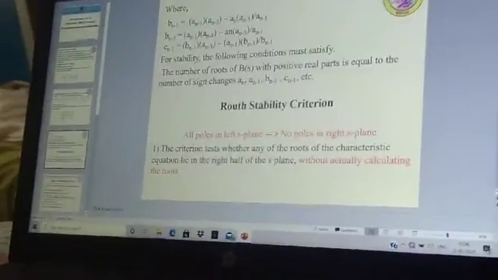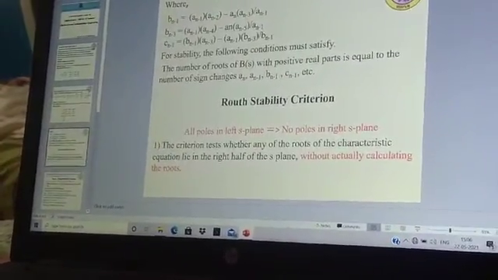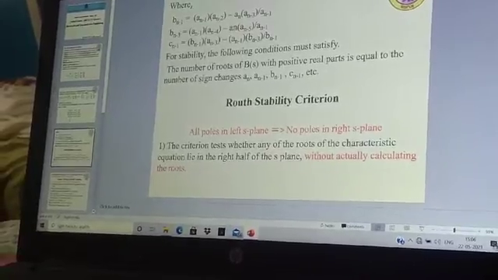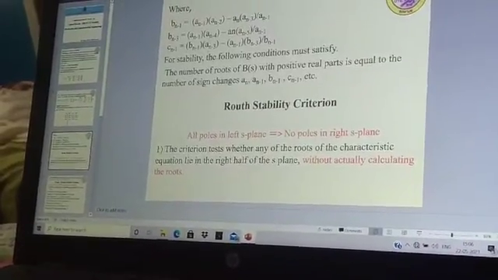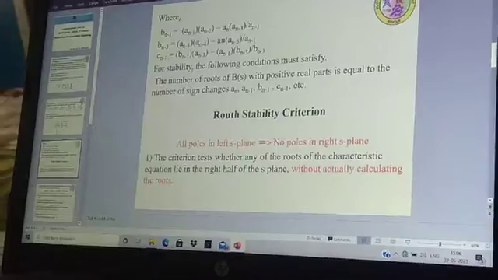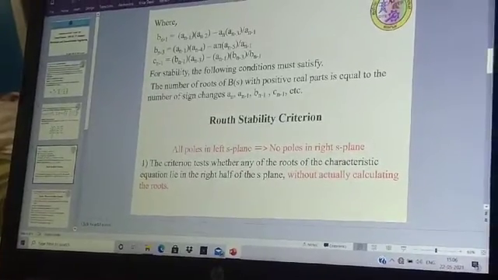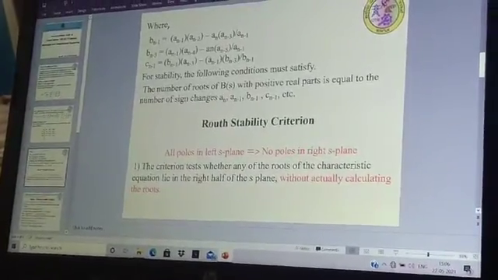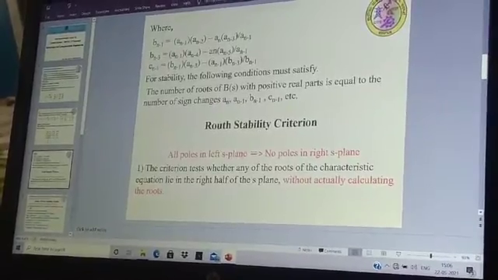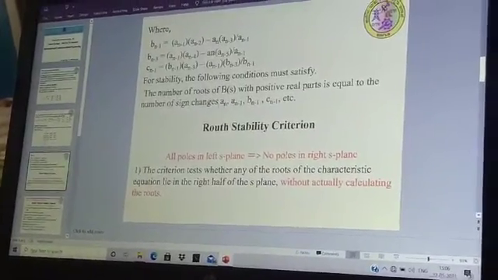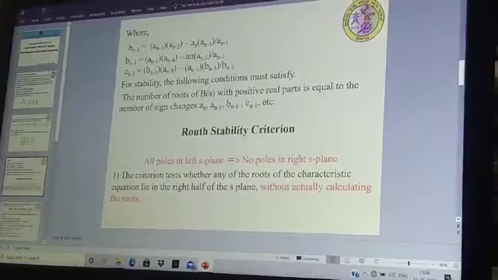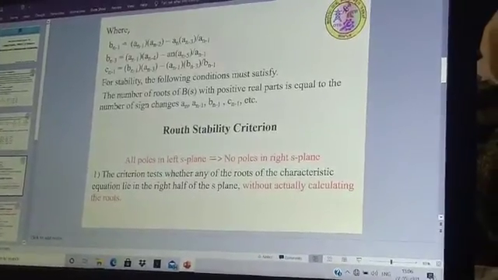That is in the first column. After finding all these values in the Routh array, the number of roots of b of s with positive real part is equal to the number of sign changes in an, an minus 1, bn minus 1, cn minus 1, etc.